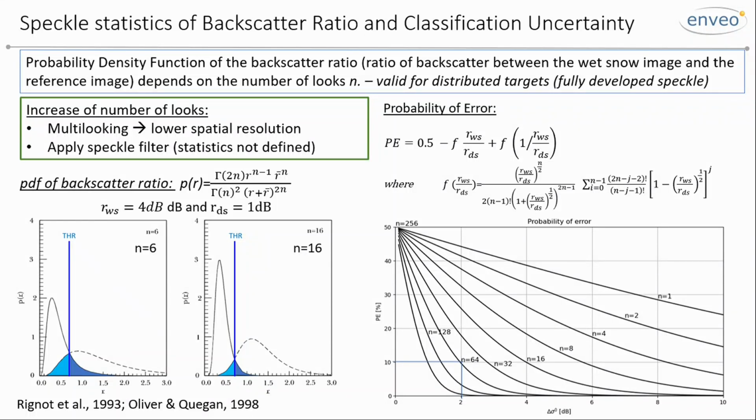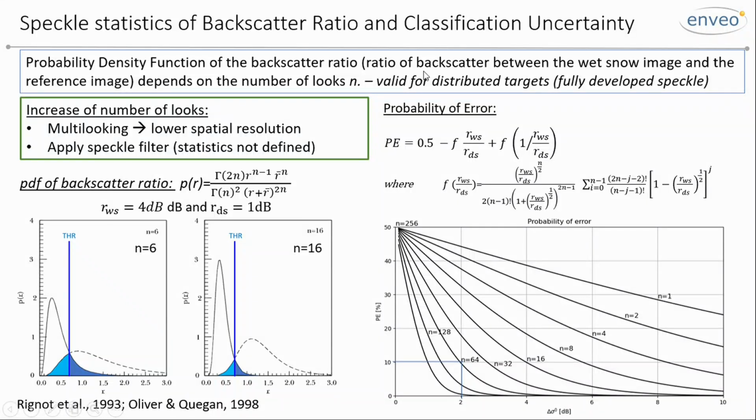Why? SAR is a coherent system, we have speckle, and when we look at a single look image, as Helmut has shown, we always have these a little bit noisy images, if you remember. When you form the ratio between two single look images, this speckle effect is even enhanced, and this is nasty.